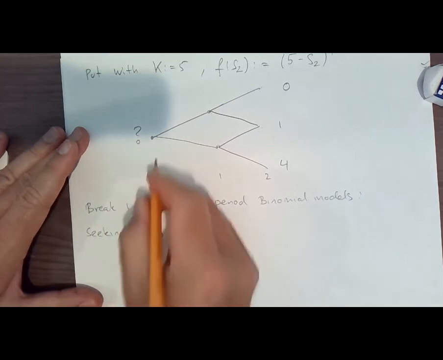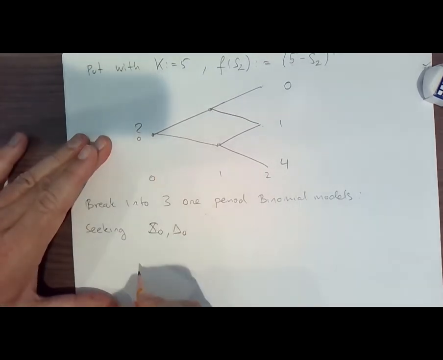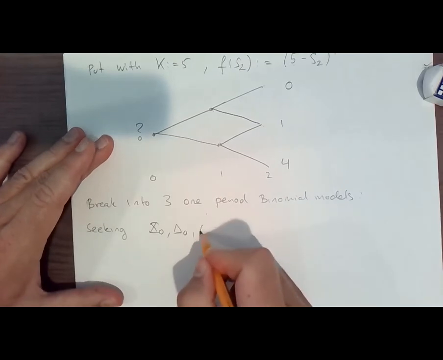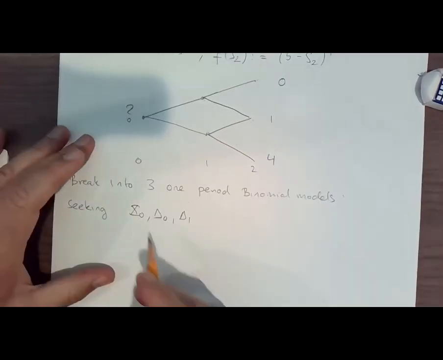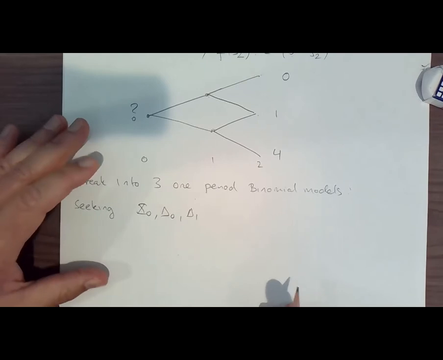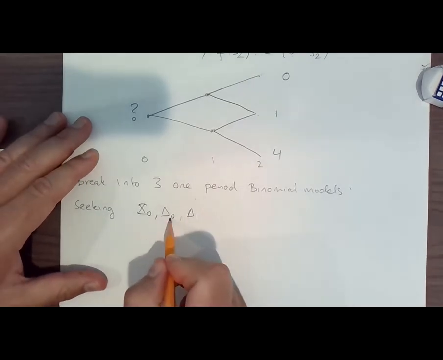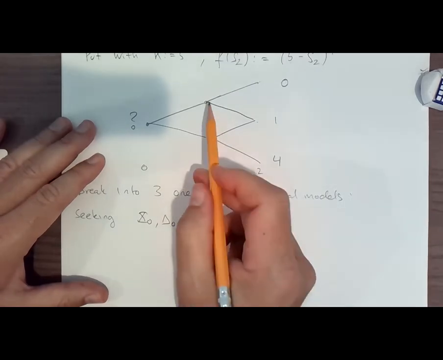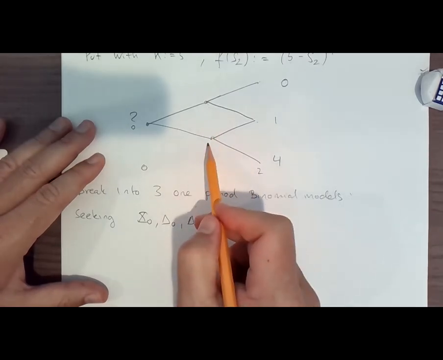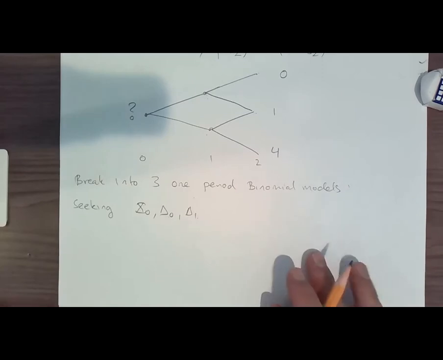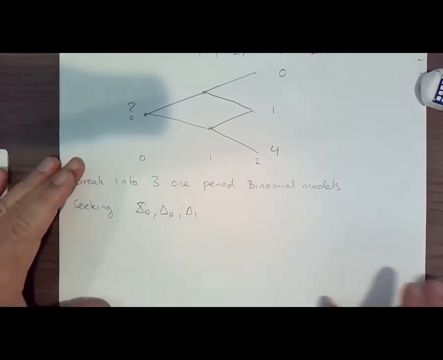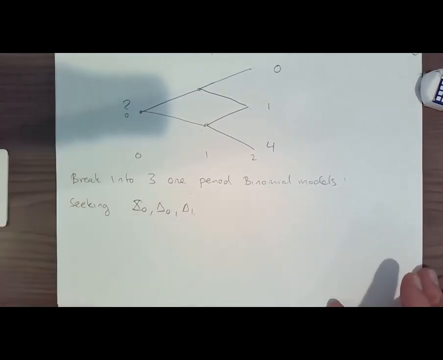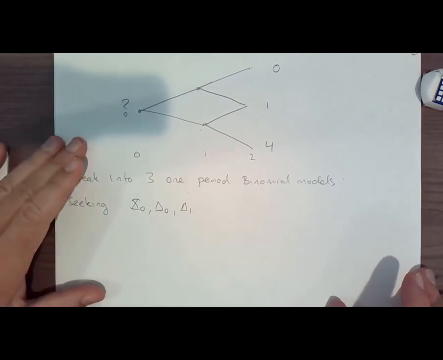Then I'm seeking how to trade at time 0 and how to trade at time 1. So we're seeking these 3 quantities. This is the number of shares at time 0, the number of shares at time 1. The number of shares at time 1 is going to depend on whether we're upstairs or downstairs. Those are the 3 quantities that we're trying to determine.